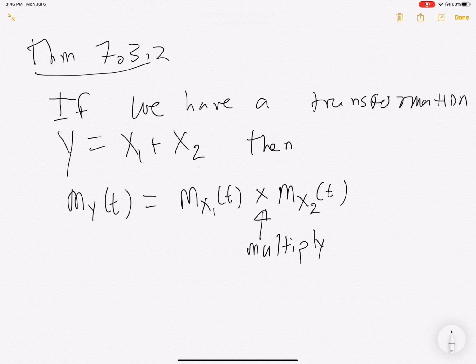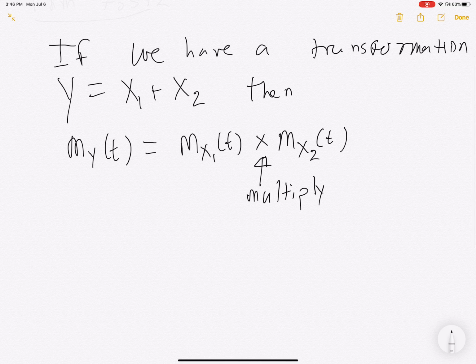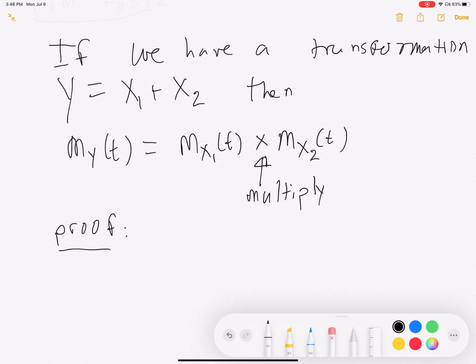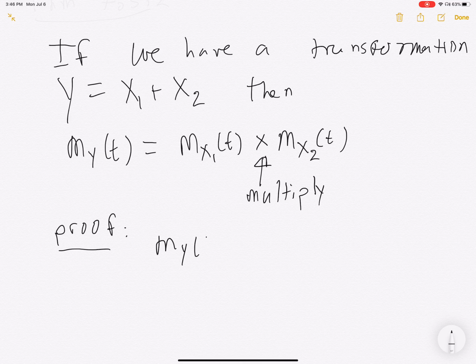Okay. And if you were asked to prove this, you would just write m, the moment generating function of y, that's going to be equal to the expected value of e to the t times y.